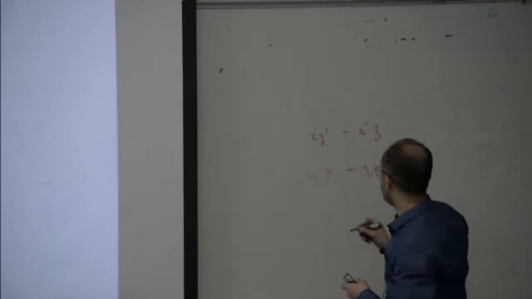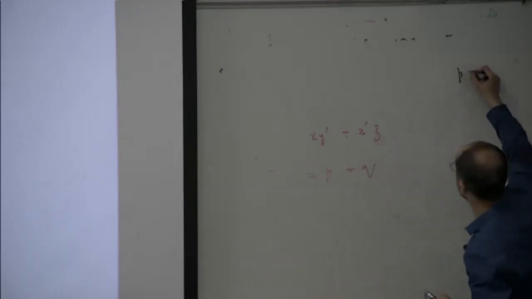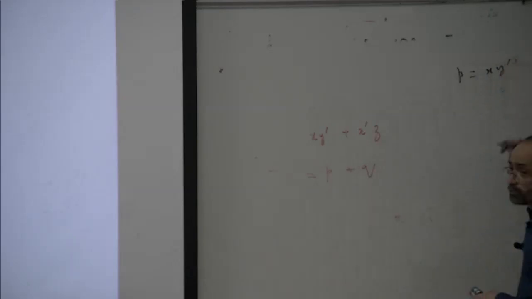Now what is P? X y bar. What is Q? X bar z. So we can write x y bar as x m, where m is y bar, and then x bar z as t z.